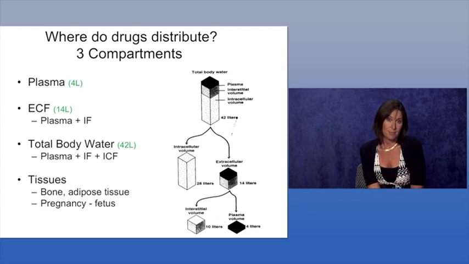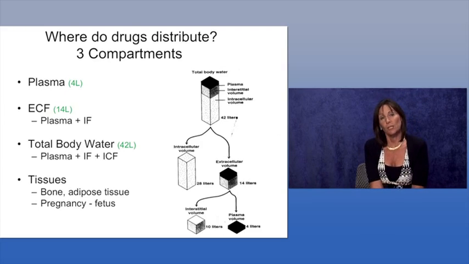This includes plasma, but also interstitial fluid, the fluid that exists in between cells. Total body water is the combined volume of plasma, 4 liters, interstitial fluid, and intracellular fluid volume. And the total body water is estimated to be somewhere around 42 liters.